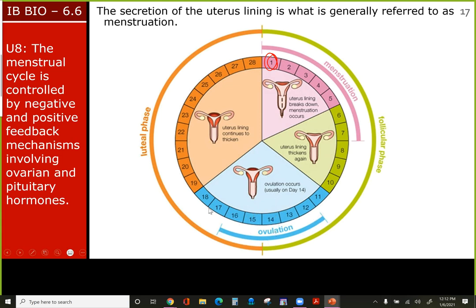And then after ovulation, there's a small window for conception. And then after that, if that egg is fertilized and it implants, progesterone maintains that uterine lining and the cycle stops. So that's negative feedback, right? If progesterone is present, if an egg is fertilized, the cycle stops. If the egg is not fertilized, right, the cycle repeats itself.